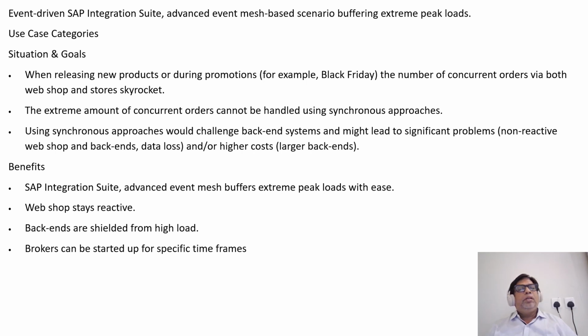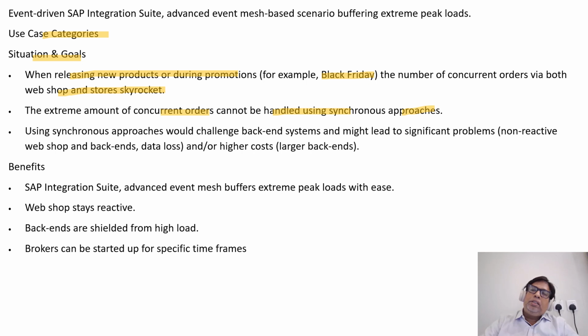It is a use case category, something like we can see here: realizing products during promotions. For example, on Black Friday, a large number of concurrent orders come via the web shop. So if an order is placed, how will it be processed? An extreme amount of concurrent orders cannot be handled by using synchronous approaches.